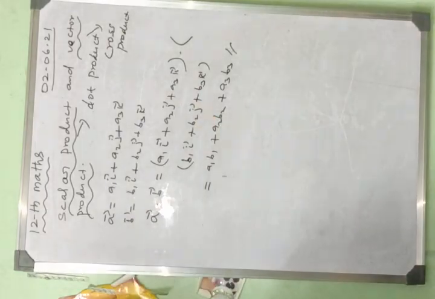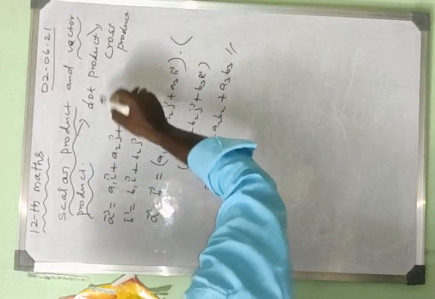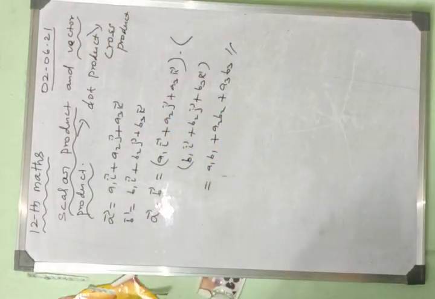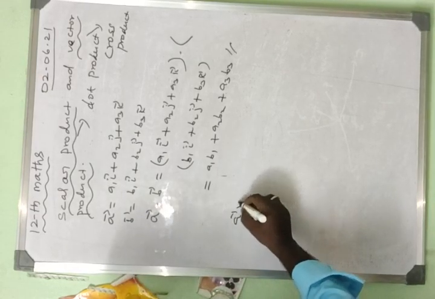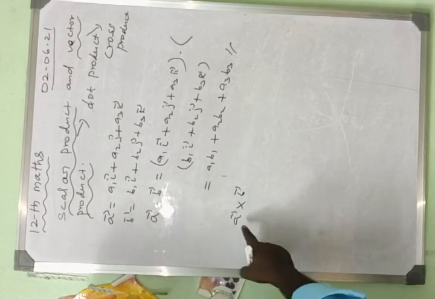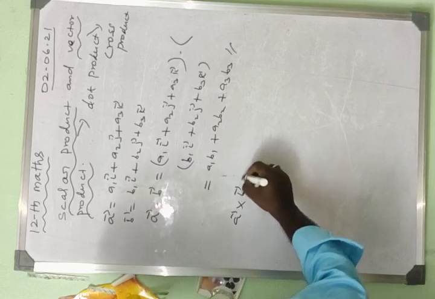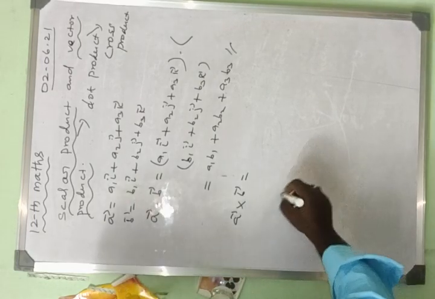Scalar product or dot product, same meaning. Here vector product or cross product. So we want vector A cross vector B, which is this vector product.